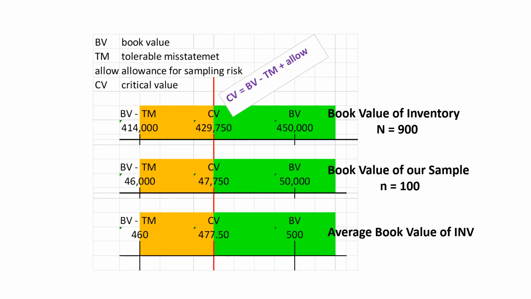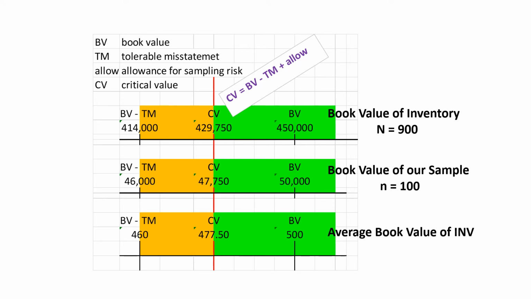So one of the things I'm trying to get across here, so we've got a critical value. And that critical value is the book value minus the tolerable misstatement. So in the top line there, it's 450,000 minus 36, plus an allowance for sampling risk. Okay. We know from our statistics class that when I take a sample, I may get the wrong result. So I have to add an allowance for sampling risk.